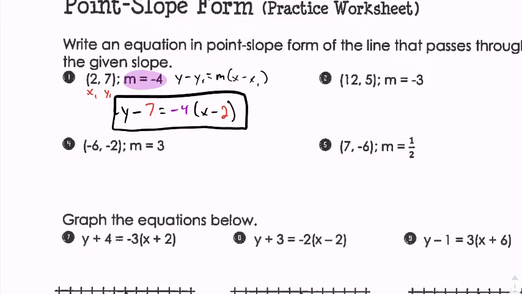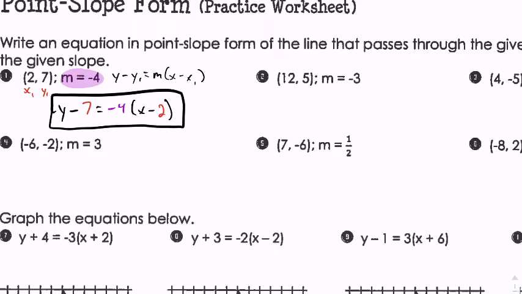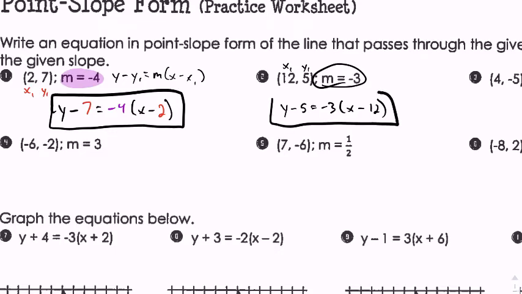Okay, so with number 2, again, here's x1 and y1. They've given you m already, so now substitute those in. y minus y1, which is 5, equals, slope is negative 3, times x minus x1, which is 12. No double negatives. That's our equation. Just leave it alone.